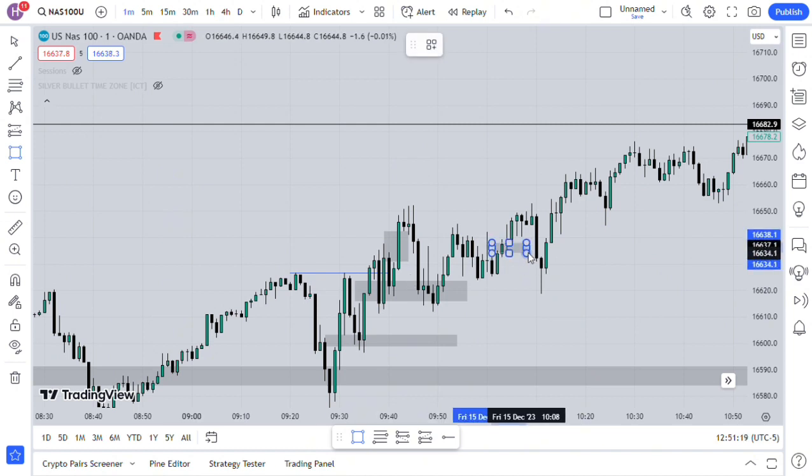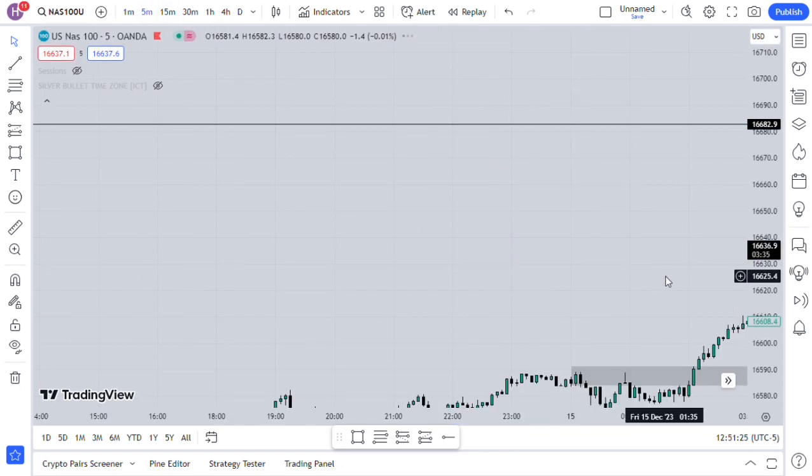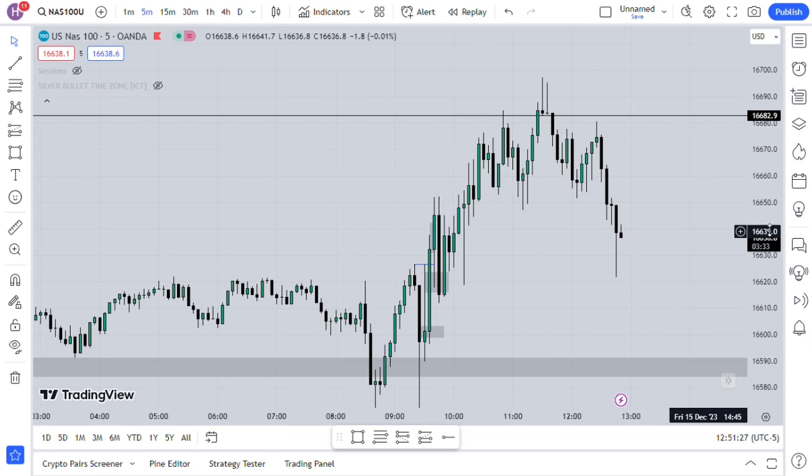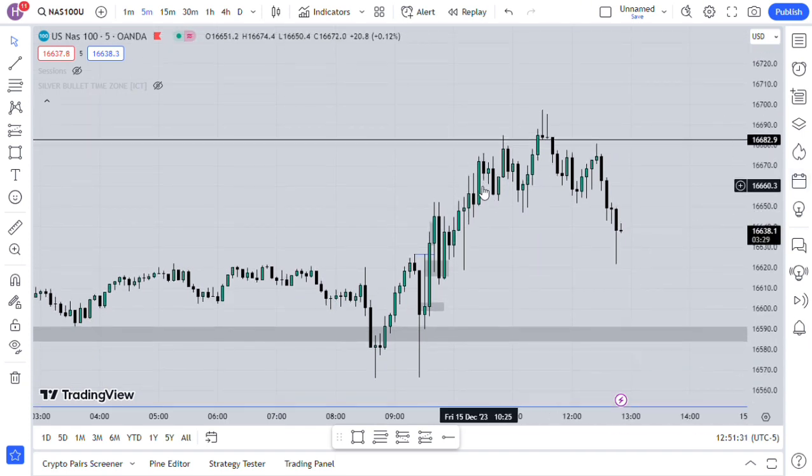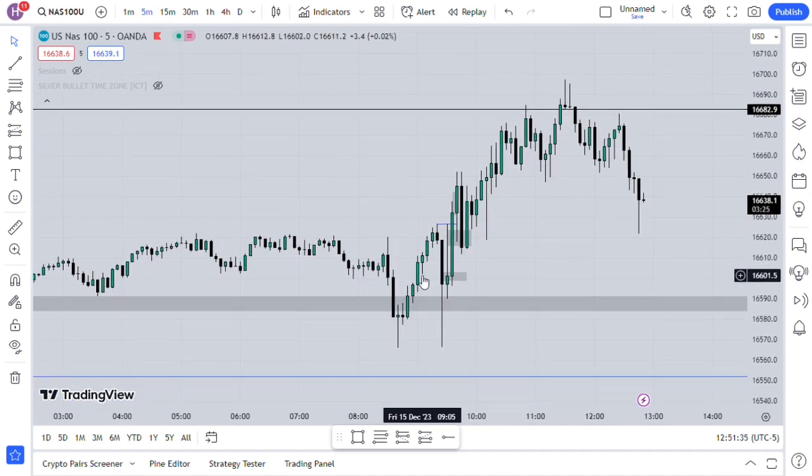This is a 1 minute time frame. It usually has a lot of fair value gaps, but unlike the 5 minute, which has very few fair value gaps. You can see one here.